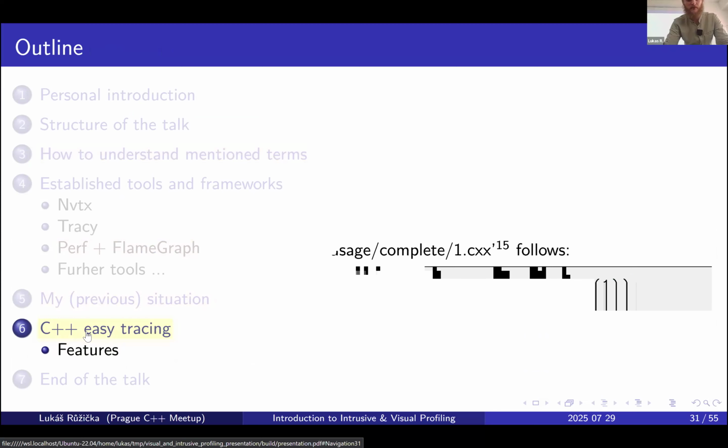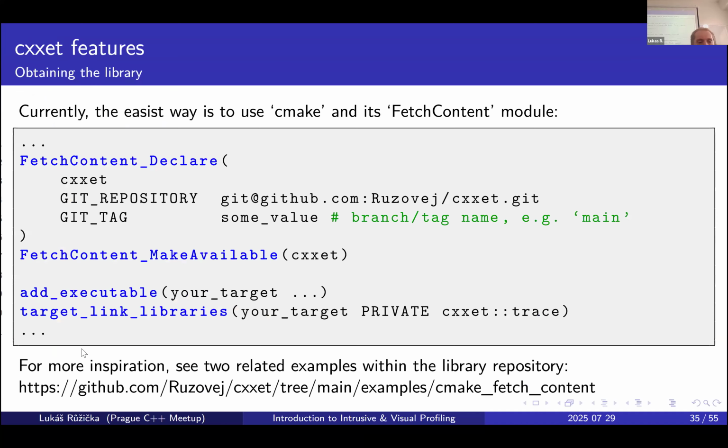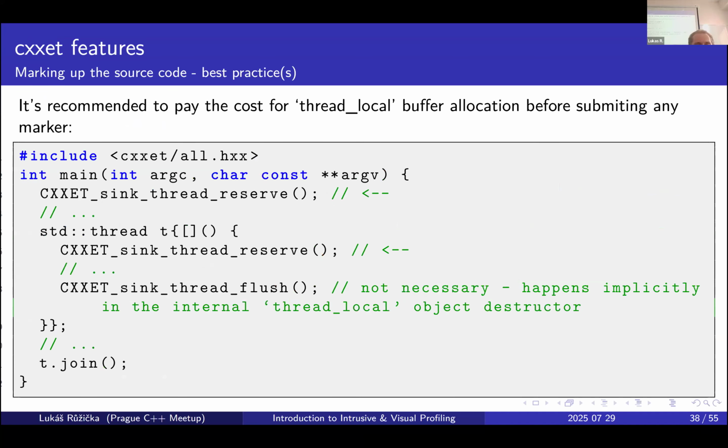Very similar to the Tracy, if you provide a define, I'm not sure exactly, something like cxxet disable, to the compiler, everything will become no-op. And those are the macros.